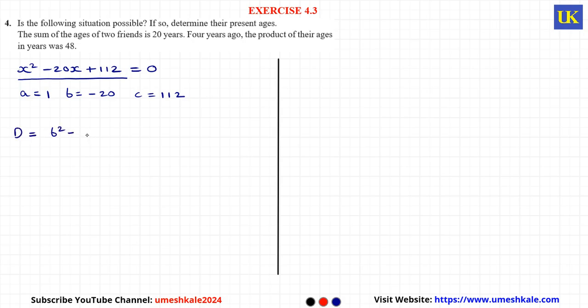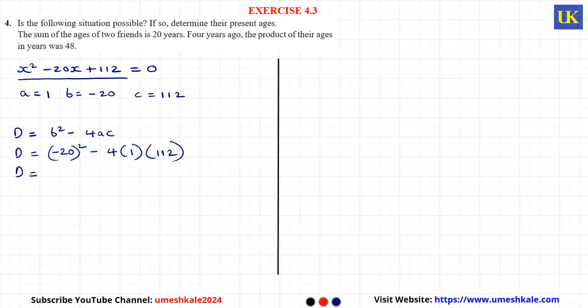So we will find the nature of roots first. Here we need to check the nature of roots using the formula b square minus 4ac, which is equal to D. So D is equal to the value of B, minus 20, squared, minus 4, the A value is 1 and the C value is 112.